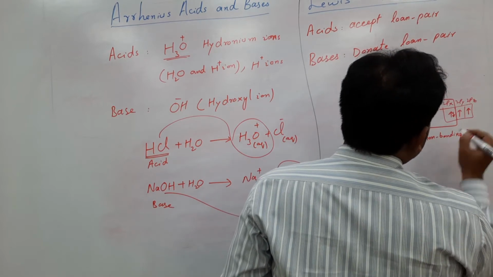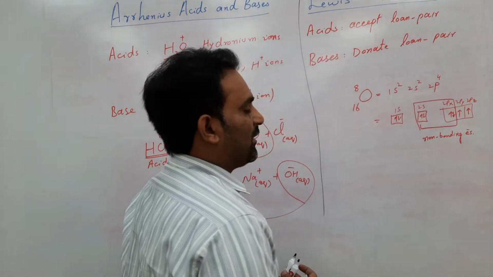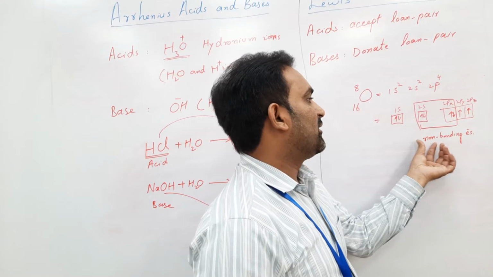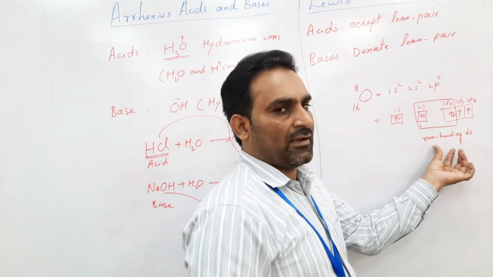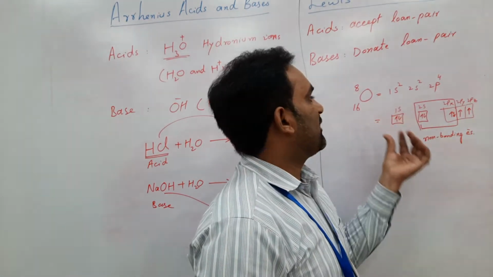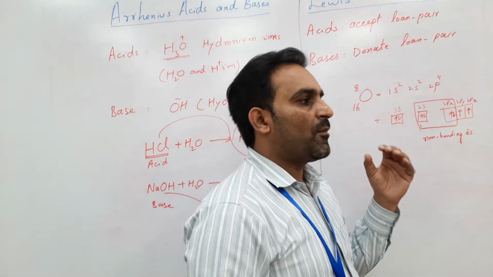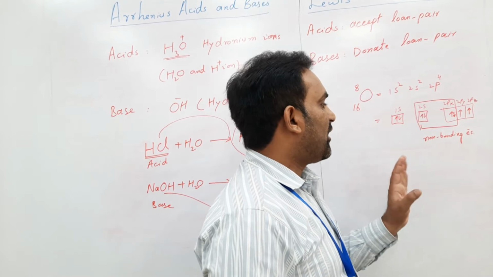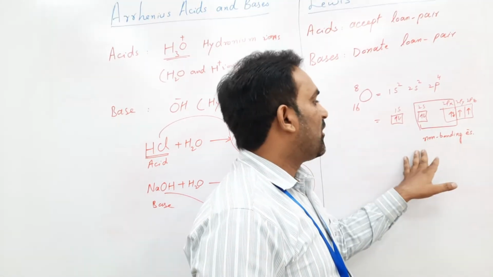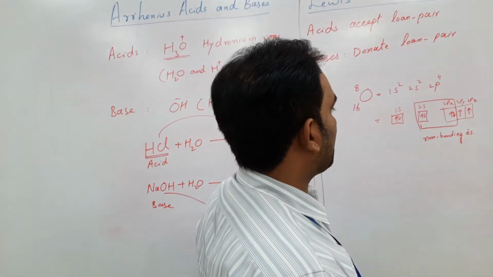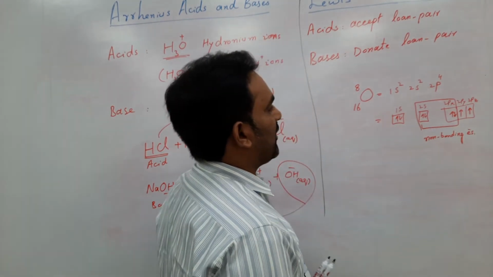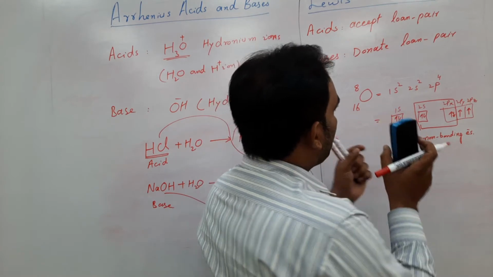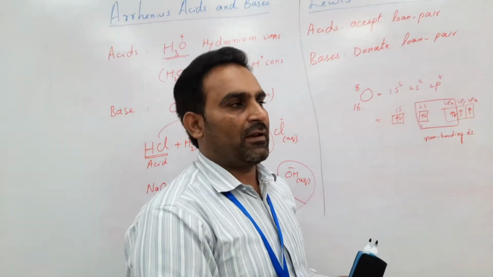These non-bonding electrons will act as a lone pair. So oxygen has two lone pairs, electrons which do not contribute in the bonding. So we have to deal with lone pairs over here.